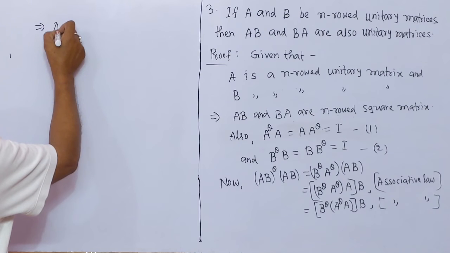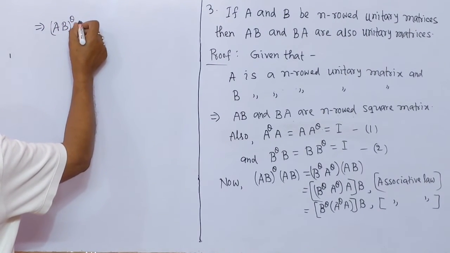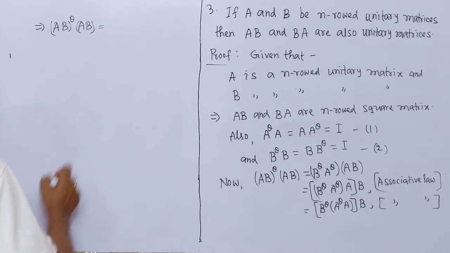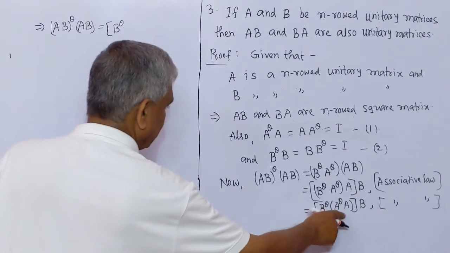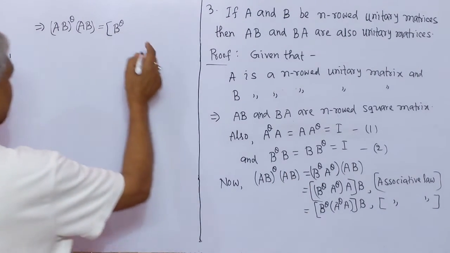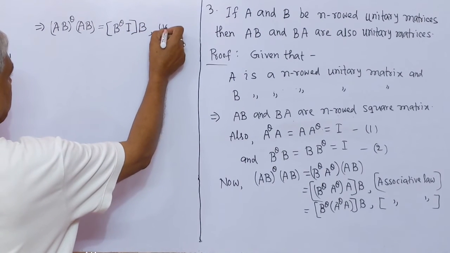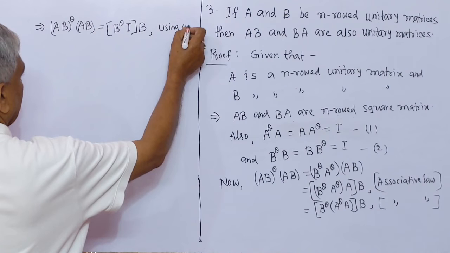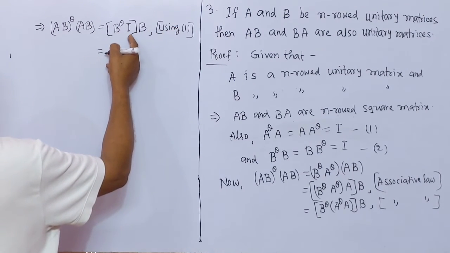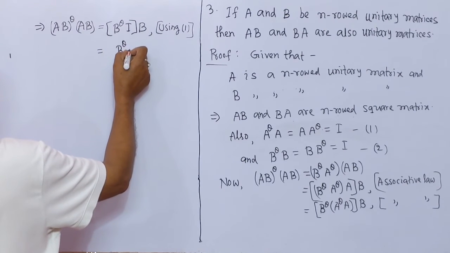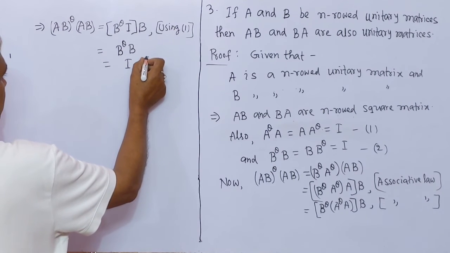Implies that AB whole theta multiply AB equals B theta, here A theta A is unit matrix, using 1, equals B theta multiply unit matrix times B, which is B theta multiply B, equal to unit matrix using 2.